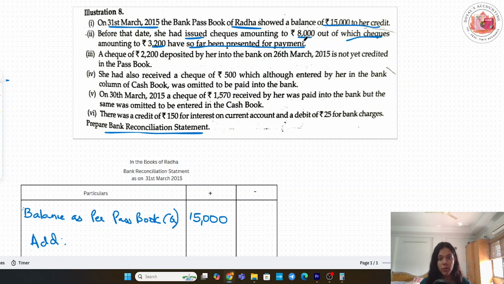In our cash book, we have recorded that the entire 8,000 has been deducted. So our cash book balance is lesser. But in our passbook, only 3,200 has been deducted, not the entire 8,000. So what should I do? My passbook balance is now more than my cash book balance by 4,800.